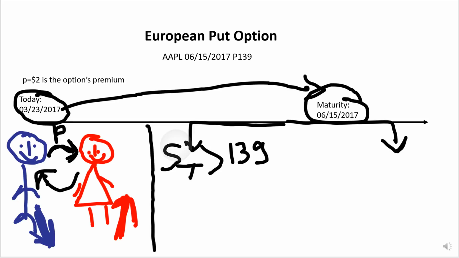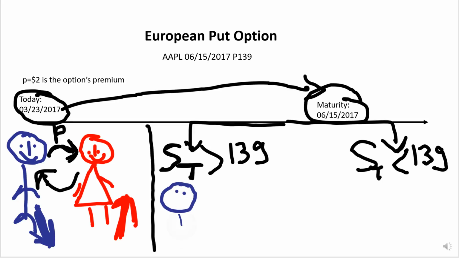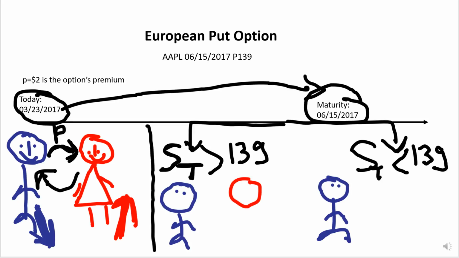ST here is for the stock price at the maturity T. What if the stock price is below the strike? So what we would like to look at is what will happen to both the long and short investor positions. Will they be making money or will they be losing money?